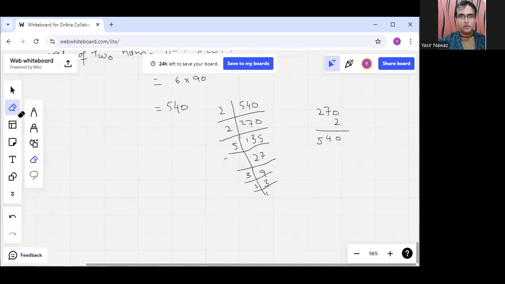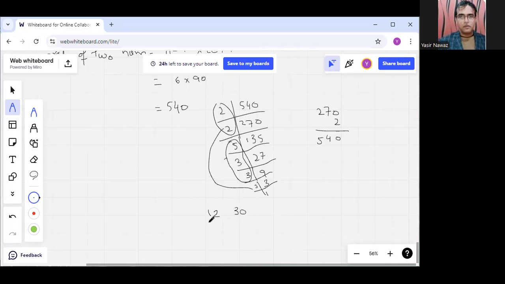Choose some numbers which have a common factor of 6. If I choose 30, and then 2 times 2 times 3, that's 12 and 30.